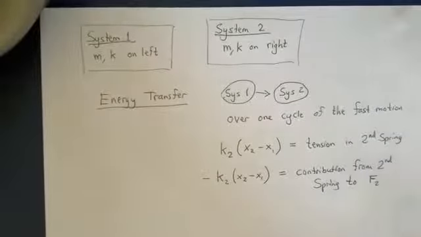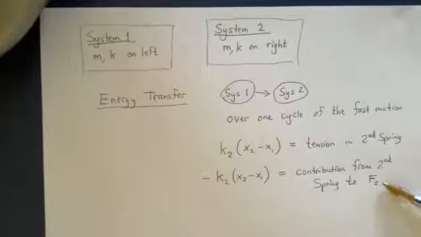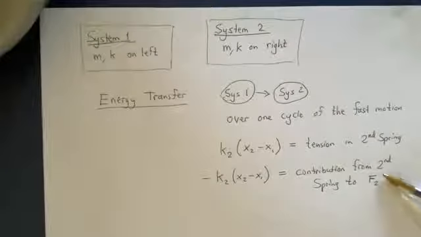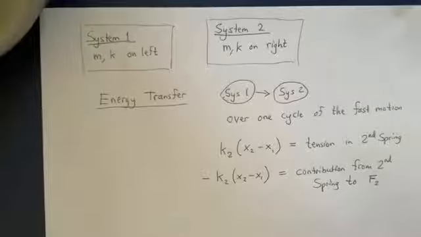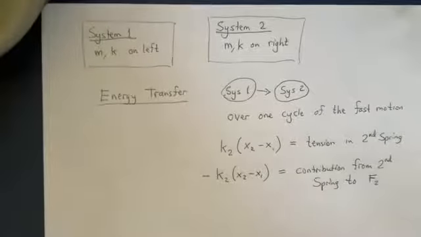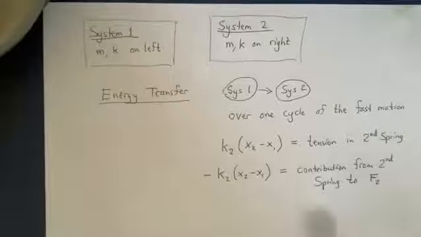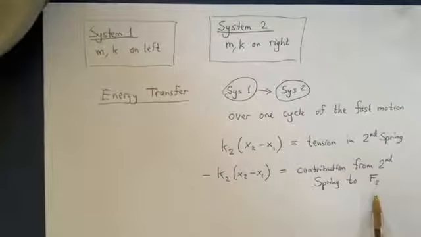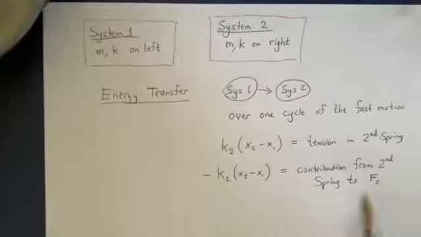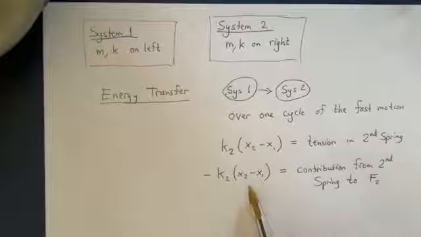And remember, for one-dimensional problems, we don't have to write an arrow over the vectors. This is a vector, but for one-dimensional problems, you can just use the fact that real numbers can be positive, negative, or 0. That's precisely what you need to express a one-dimensional vector. F2 was our notation for the total force on particle number 2. So this is the contribution coming from that middle spring.